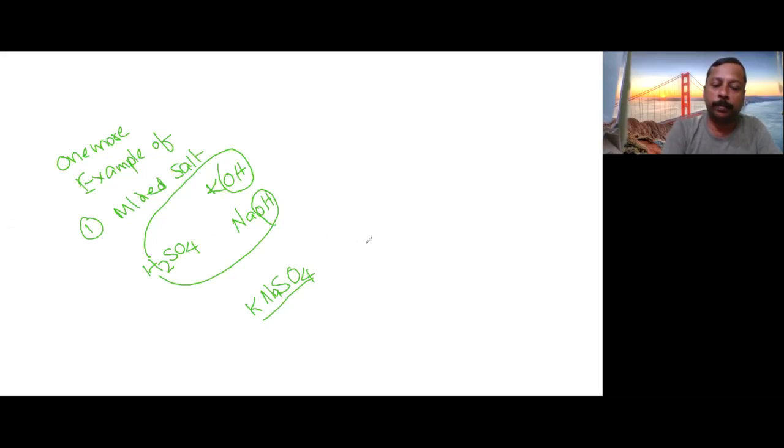Now, by mistake I have written KHSO4. At least now by this you will understand which type of salt it is. First, let me categorize it as I told you in the first classification: whether it is a simple salt, double salt, complex salt, or mixed.